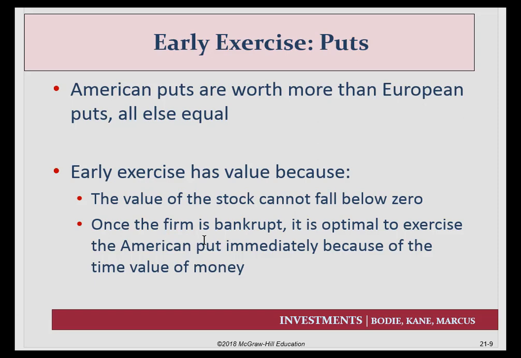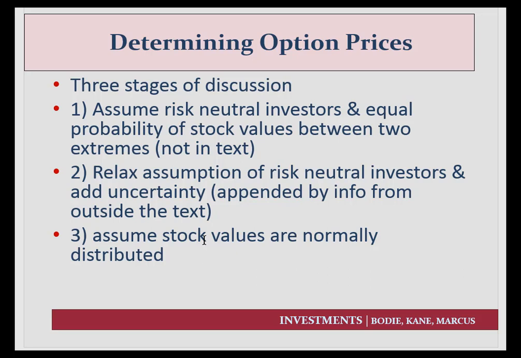So let's move to something a little more intuitive. Let's think about how we might determine option prices. How do we get them? Let's think about a few things before we get there.